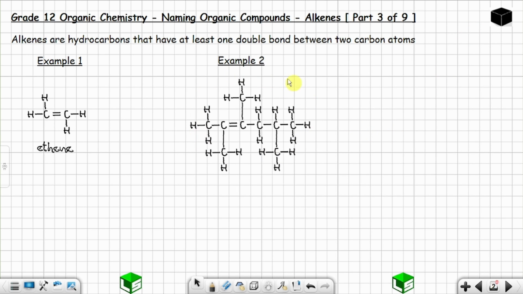Now, if you want to name this, you are going to give the priority to the double bond, not to the branch. You have to find the longest carbon chain that contains the double bond.